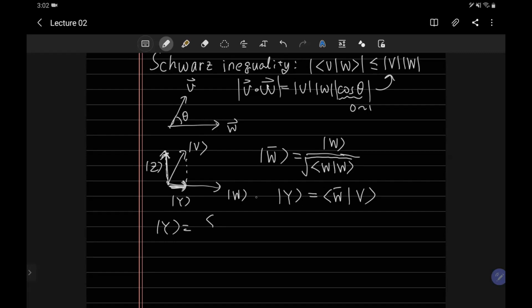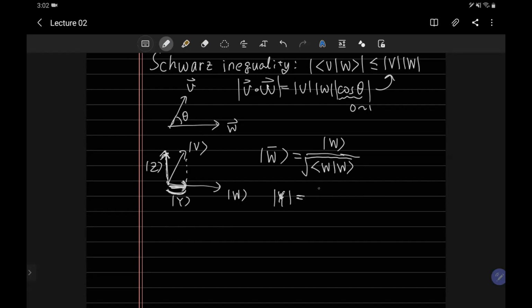What I'm doing is only calculating the length of the y vector, so I should not say equal to y. Sorry. Let me write it using this notation.